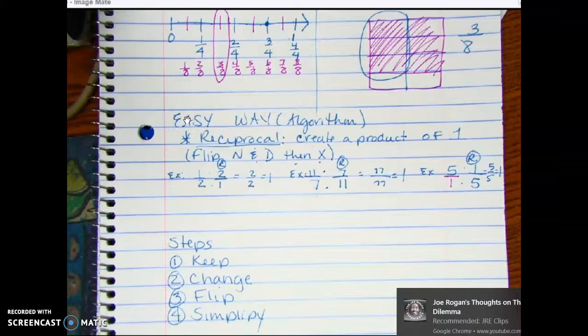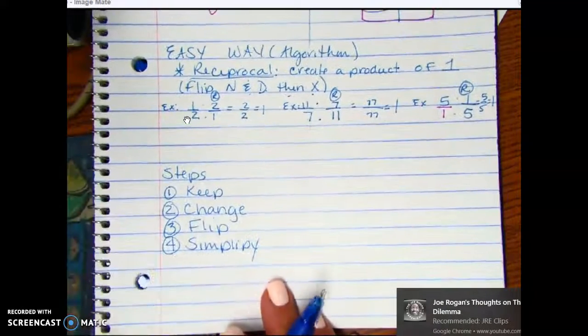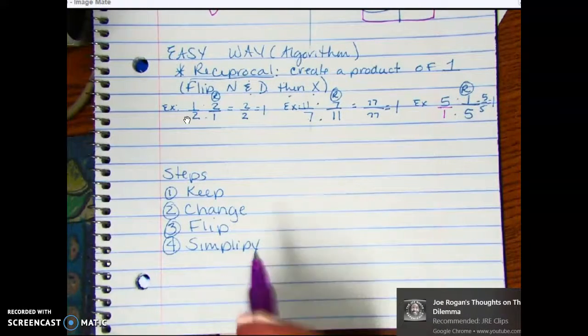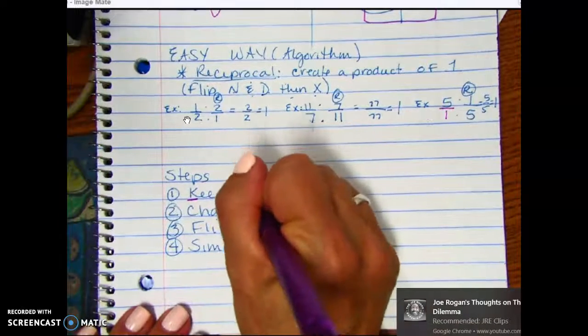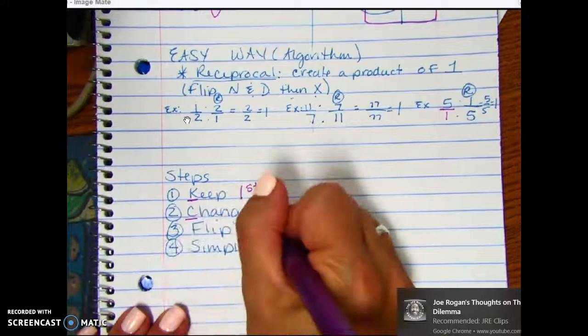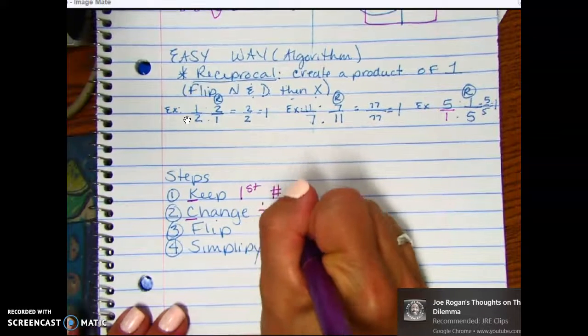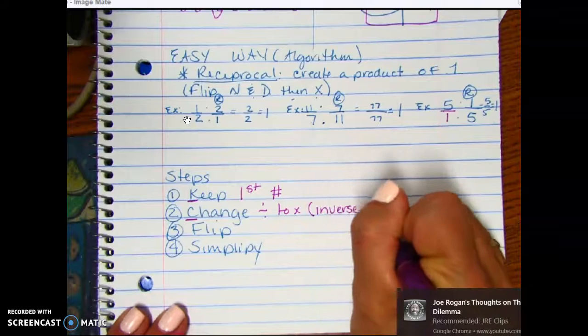So how do I use this to help me with dividing fractions? Well, here's the algorithm. First, we are going to keep the first number. Next, we're going to change division to multiplication, and we call that using the inverse operation.